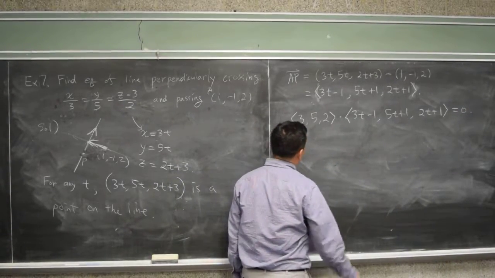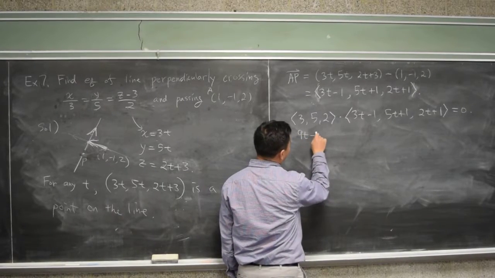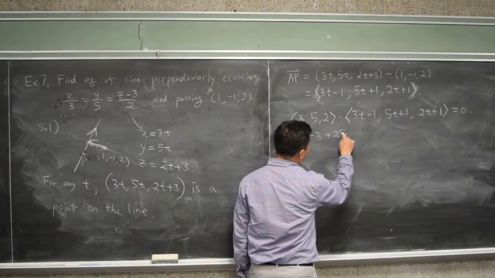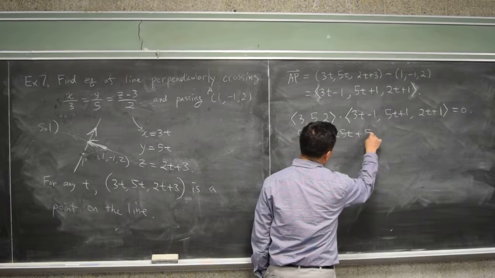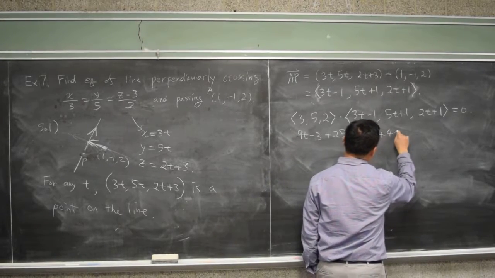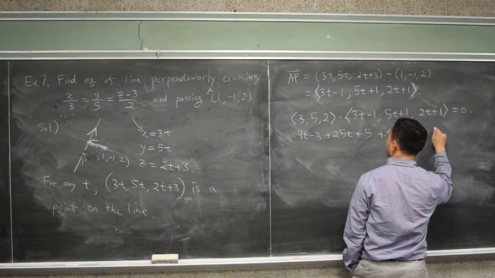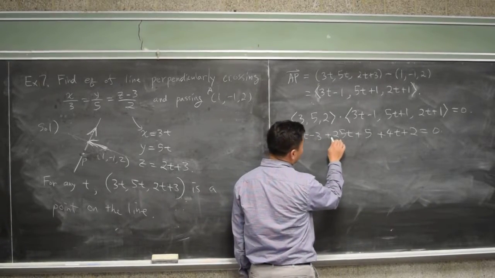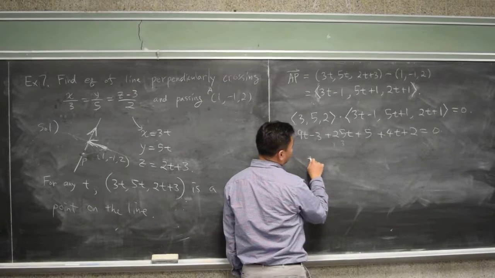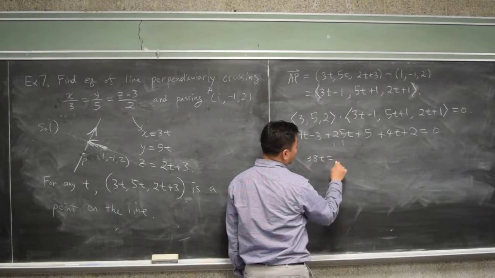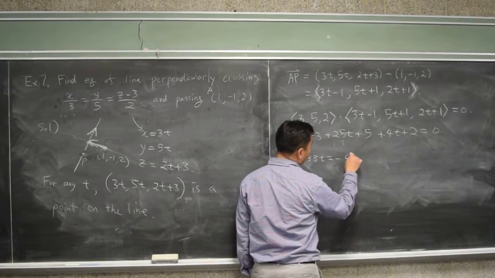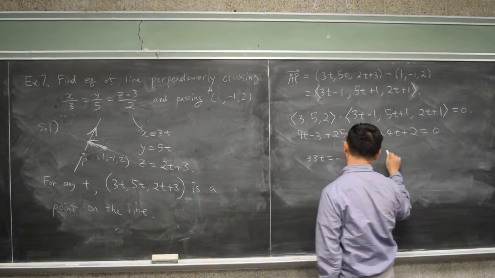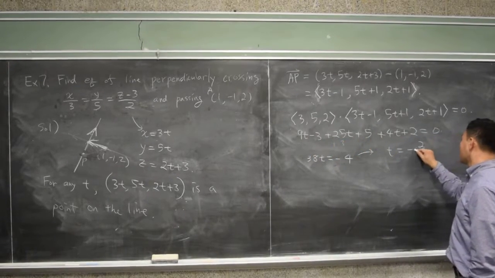That's 9t minus 3 plus 25t plus 5 plus 4t plus 2 equals 0. That's 38t equals negative 4, so t is equal to negative 2 over 19.